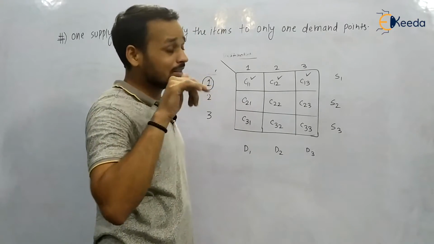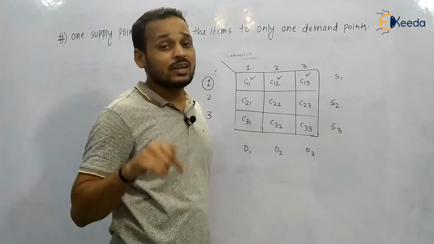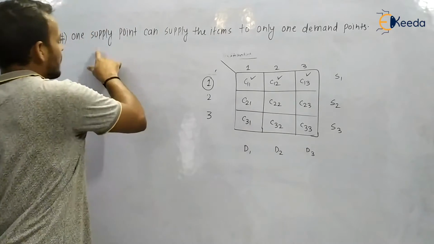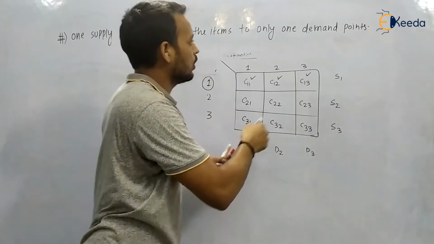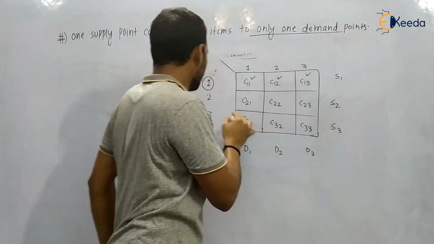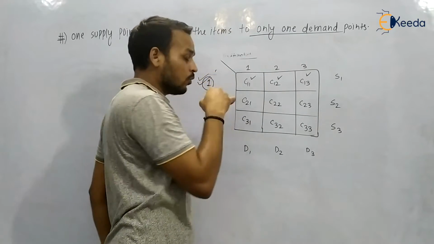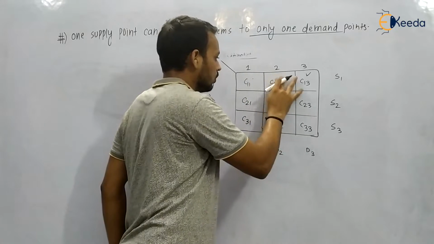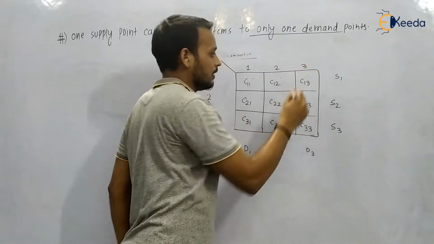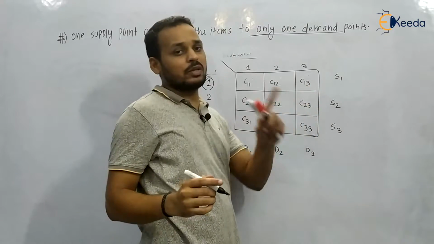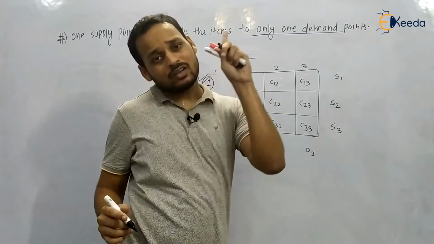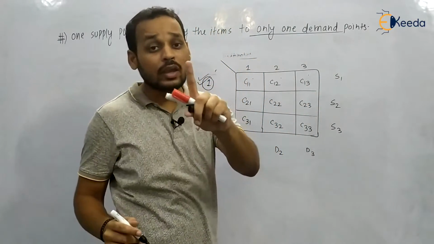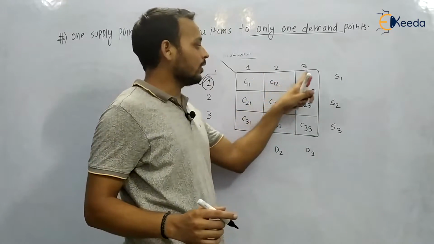But in the assignment method, one supply point can supply the items to only one demand point. If we have taken the items from 1, we can supply it to either 1, 2 or 3, but we cannot supply to all 3. We can supply to only one destination point.